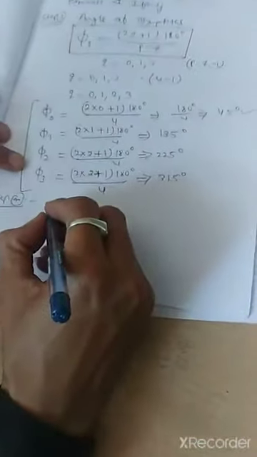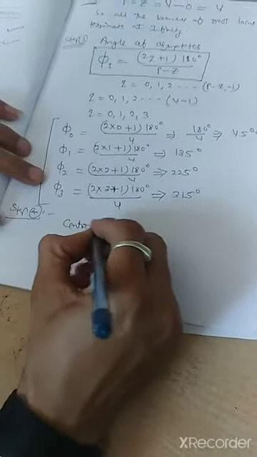Now we have found the step 1 answer, step 2 answer, and step 3 answer. Step 3 is the angle of asymptote. Now we have to find step number 4, the calculation for the centroid. There is a basic formula to find the centroid.